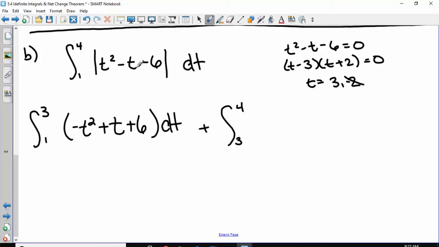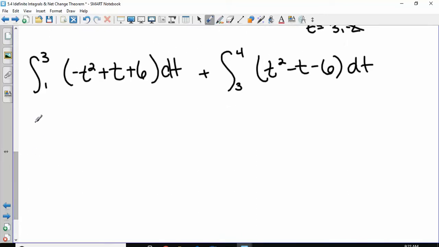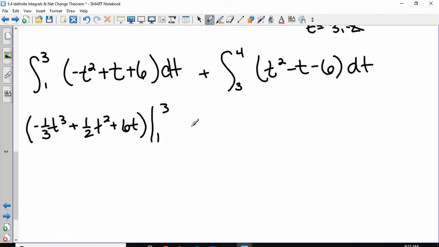Okay, if you're between 3 and 4, if you plug in a 4, 16 minus 4 minus 6 is positive, so the absolute value doesn't change it. So now we're ready to do the antiderivative. Negative 1/3 t cubed plus 1/2 t squared plus 6t. This one will be the same thing, just opposite signs.